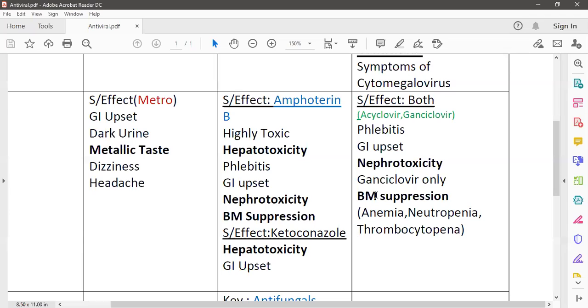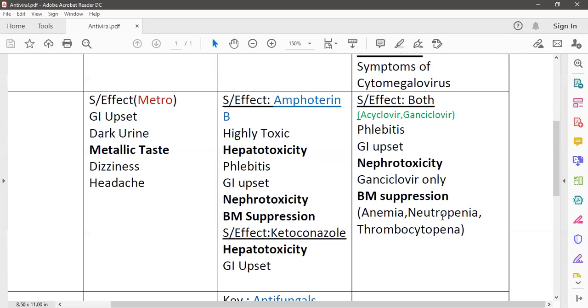If anybody has bone marrow suppression, they easily develop anemia because of lack of RBC. They easily develop leukopenia because of lack of white blood cells, or neutropenia. Neutrophils are one of the members of the white blood cells, and neutrophils fight against infection.